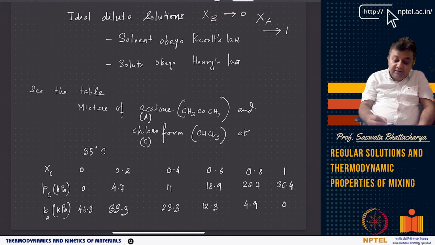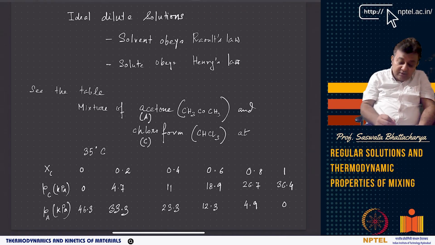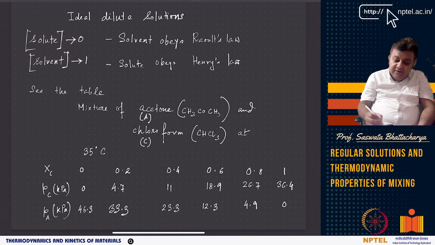So basically the solute concentration tends to 0 and the solvent tends to a pure solvent. So concentration tends to 1, right?